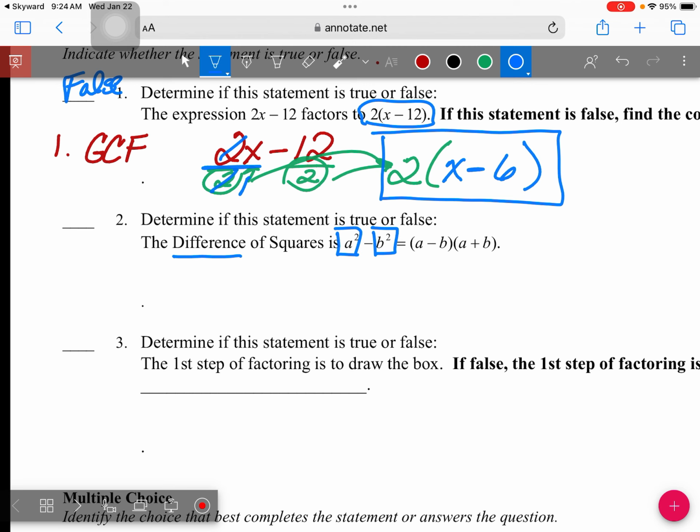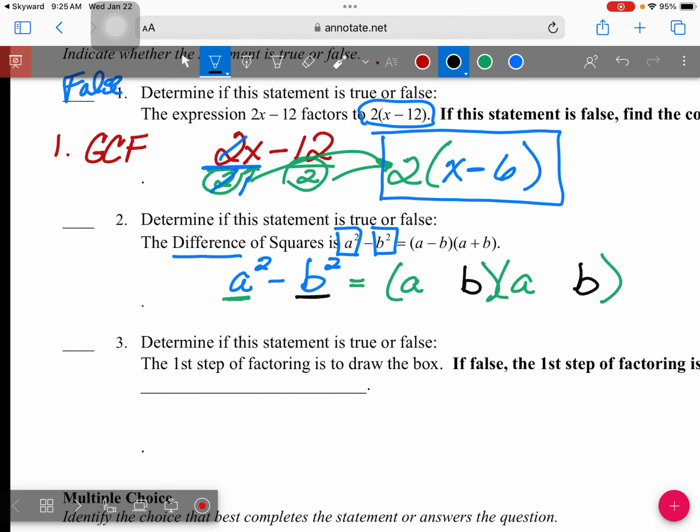So when you have this kind of setup, a difference of 2 perfect squares, whatever is the first term gets factored as the first term in both binomials. So that's an A and this is an A. Whatever is the second term becomes the second term for both of those binomials.